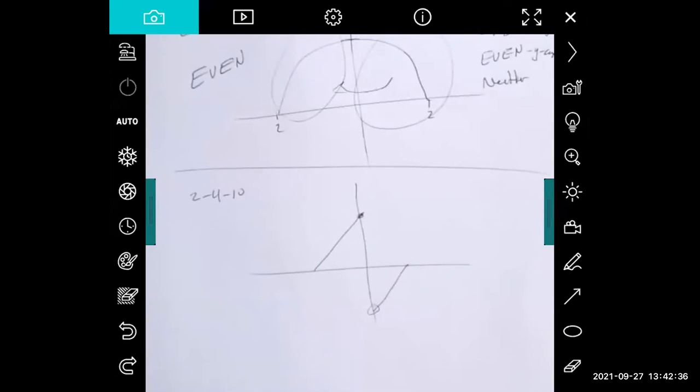Constants can only go with even functions. If the exponents are all even, or all even and you have a constant, that's why I have a plus or minus constant. You can have it or you don't need it. So even functions can be all even exponents or all even exponents and a constant.